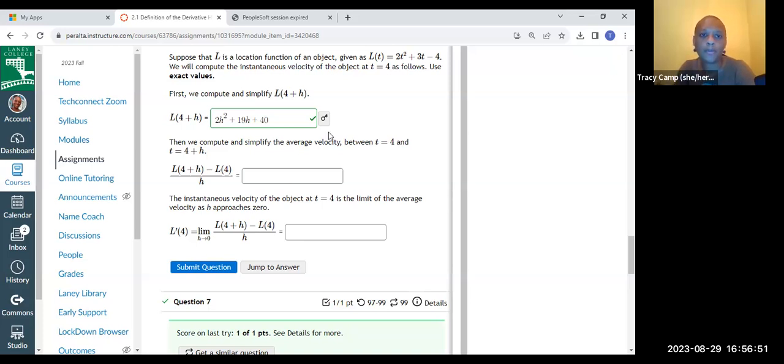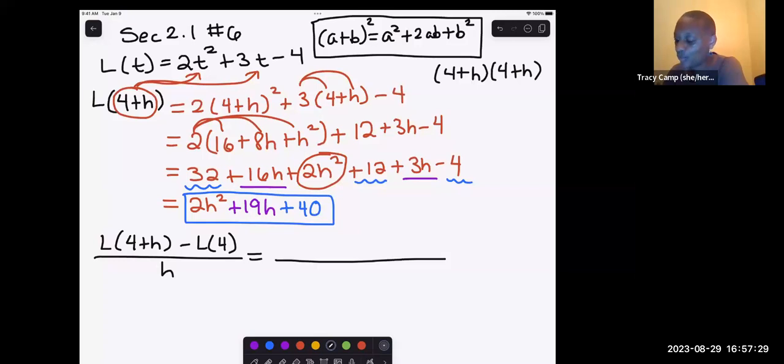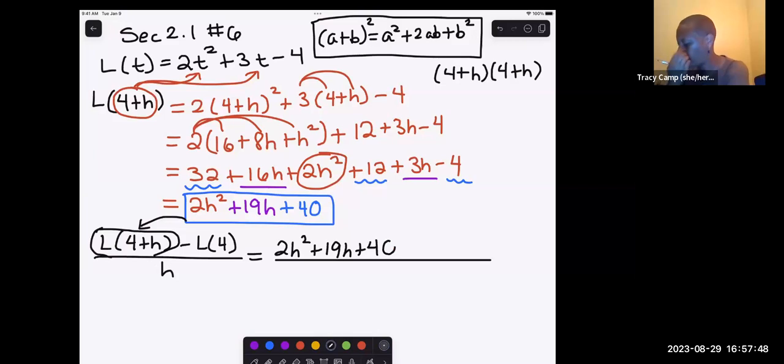So I'm going to go back and write that down. Okay, I wrote that down, and the L of 4 plus h, we found that already, which is so nice. That is 2h squared plus 19h plus 40. And then the L of 4, I have to do some work for that.